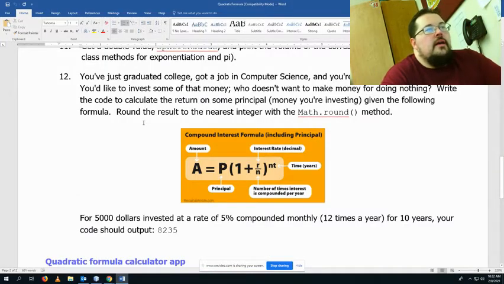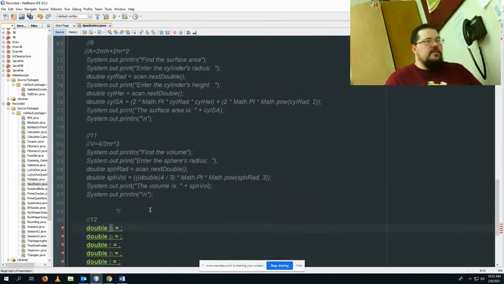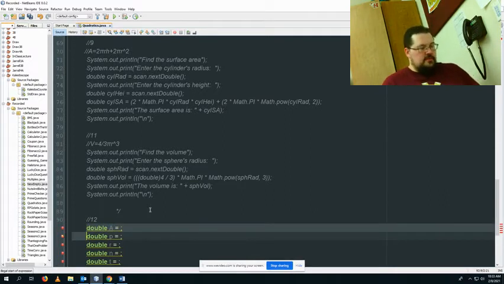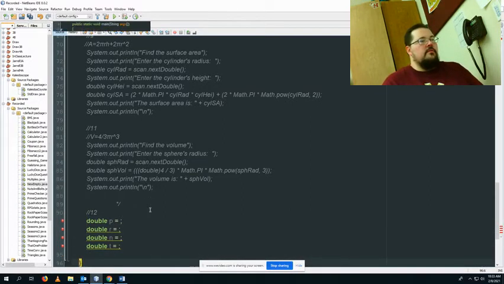Okay. Compound interest, which is this function right here, and we do have test values here. Now, we don't have to get anything from the keyboard this time. This is just hard-coded. So A, P, R, N, and T. A is what we're actually solving for, so we'll stick this one further down.